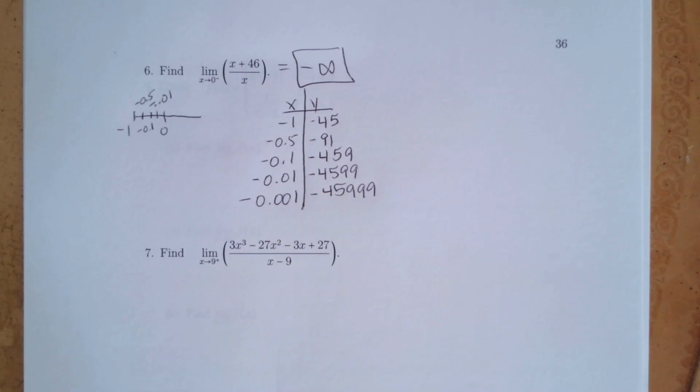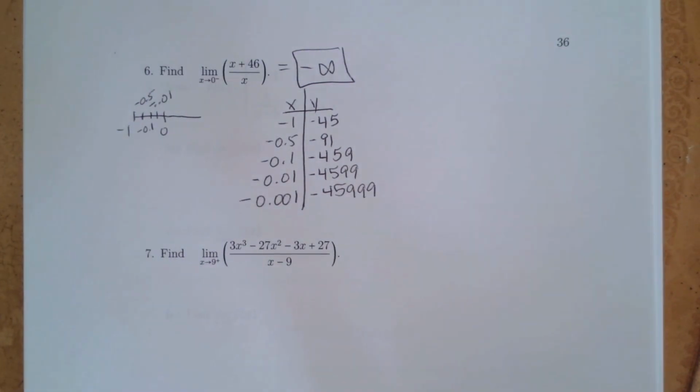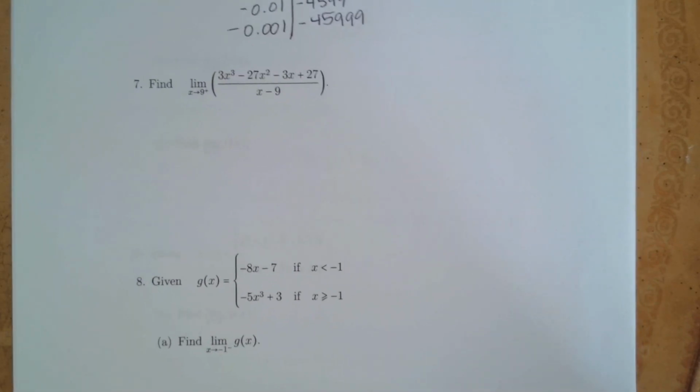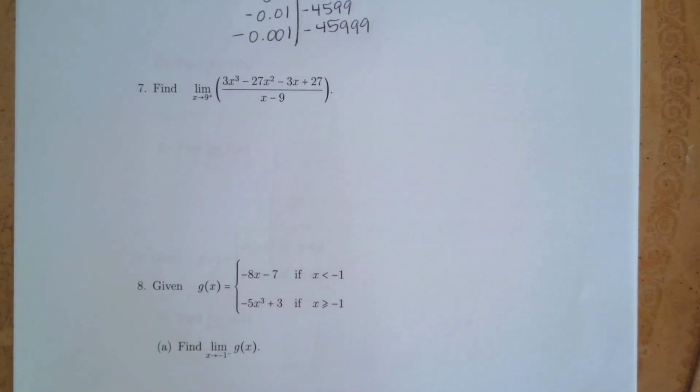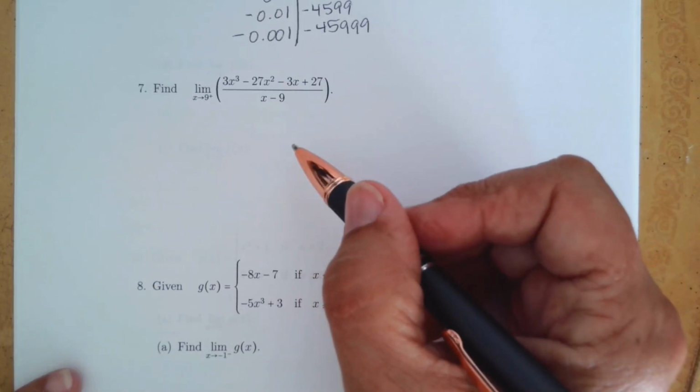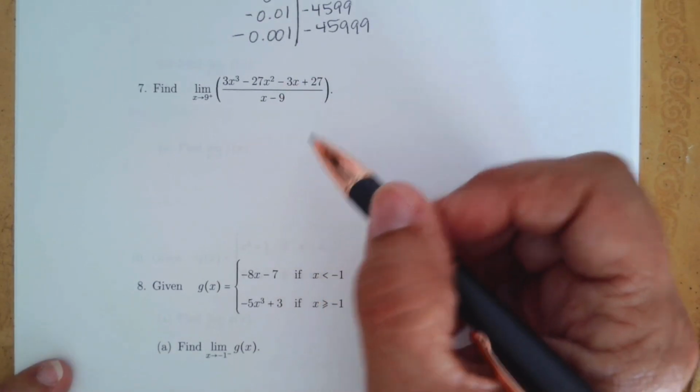Number 7, I'm going to do this a little bit differently. You could just as easily put that in the table and do it just like we did, okay? But I'll show you sometimes, those of you that remember how to factor, we can also simplify.